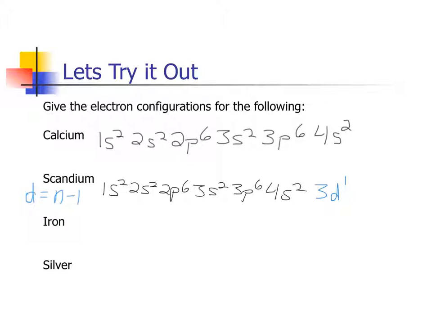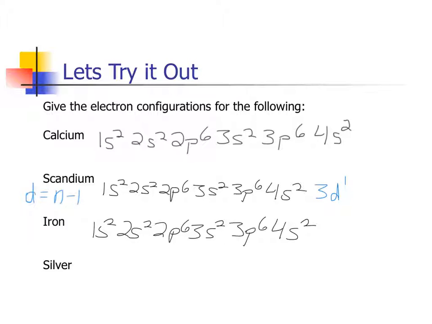Now you need to look at the next one, iron. It's also in the d block that's in row 4, meaning it's in the 3d block. But what does it start with? 1s2, 2s2, 2p6, 3s2, 3p6, 4s2.